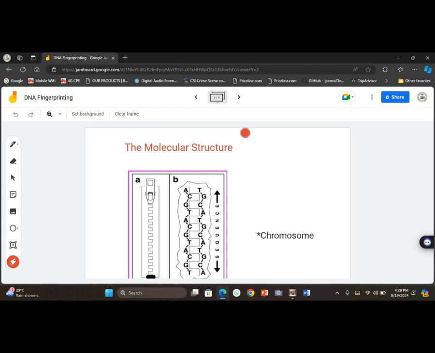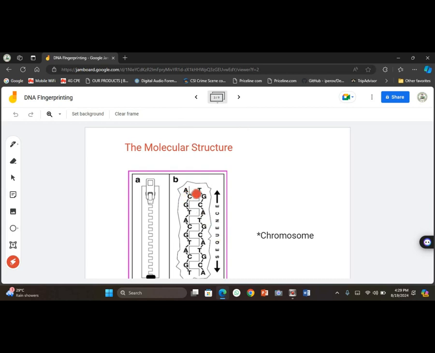Just imagine the sequence is like a zipper, with each tooth representing one of the four letters that we mentioned: the adenine represented by A, the cytosine represented by C, the guanine represented by G, and the thymine represented by T. So all of them, A, C, G, or T, with opposite teeth forming either of the two parts, that is AT.